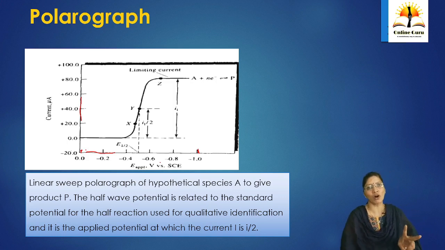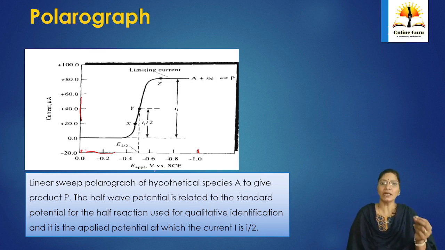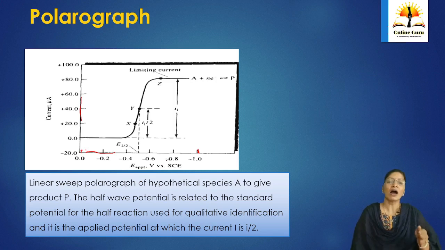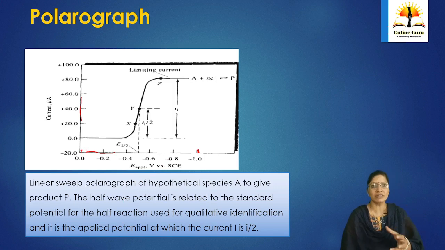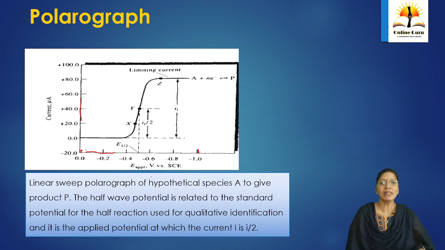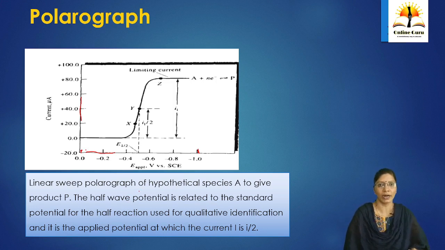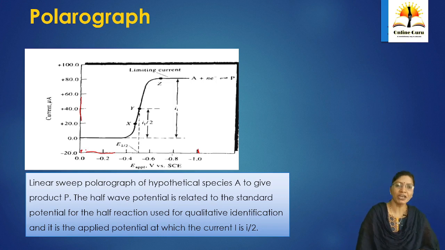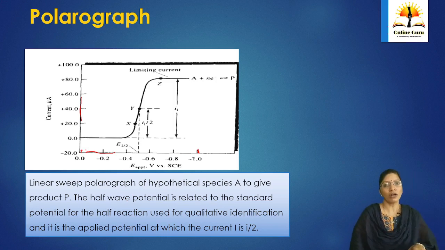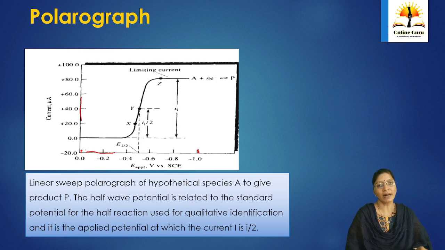What is meant by a strong electrolyte? Completely dissociated, so it will have a high transport number. In conductometry, you might have talked about this transport number. It has high mobility and can carry charge easily, and that is the character which selects the type of electrolyte that behaves as supporting electrolyte.